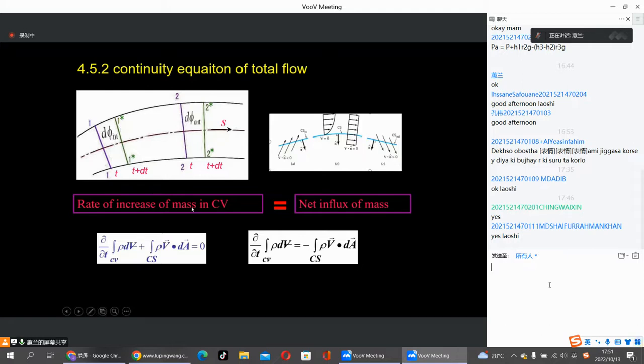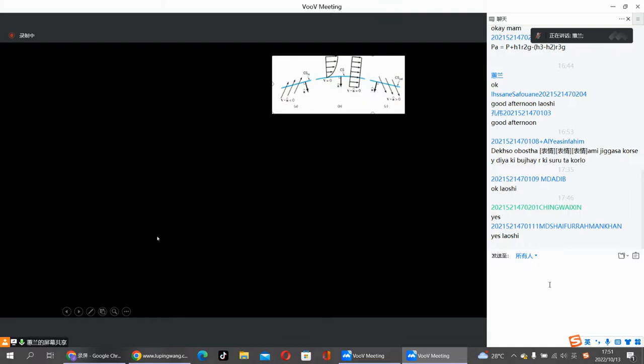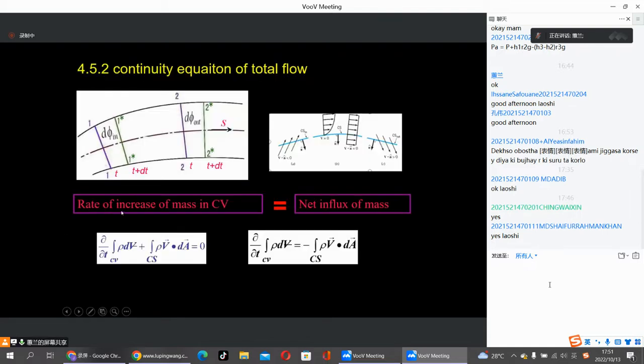Just now, as we said, what happened inside the CV plus what happened through the control surface of the CV should equal what happened for the system, right? Or for the mass, we know the rate of increase of mass in the CV will equal the net influx of mass through the control surface.